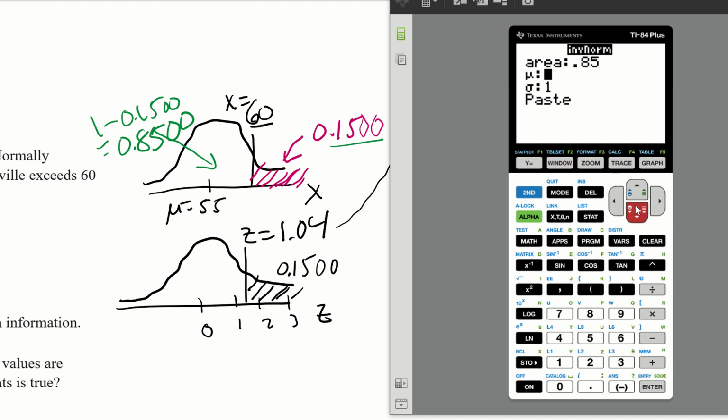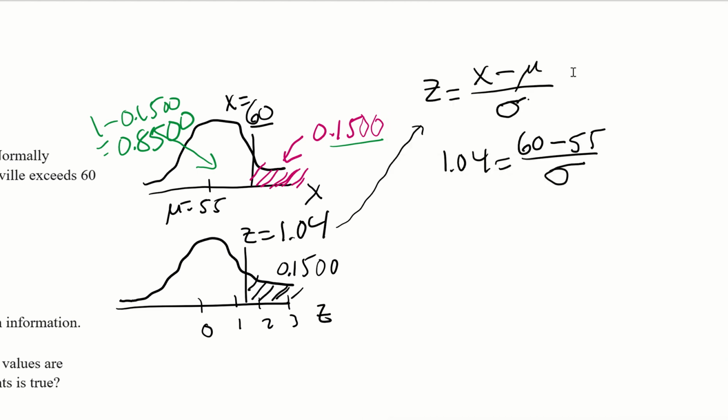Then the mu is 0 and the sigma is 1. That means we leave it as mu 0, sigma 1, because we want to know what the z-score is, so we want the mu to be 0 and the sigma to be 1. We also don't know what the sigma is for this problem anyway, so there's no point. So let's do this. There you go. Our z-score is about 1.04. You can see that from there. So it's approximately that. All right, that takes care of that.